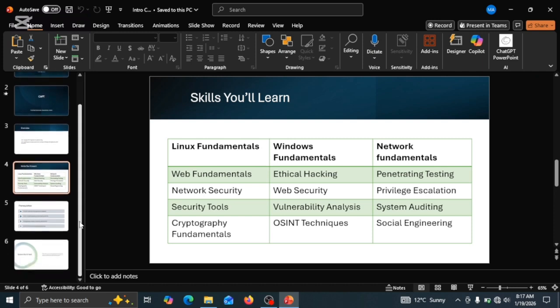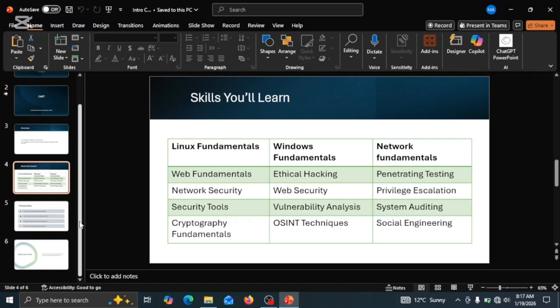The skills you will be learning in this playlist, in this course, will be Linux fundamentals, web fundamentals, network security, security tools we are using to secure our network or systems, cryptography fundamentals, Windows fundamentals, ethical hacking.